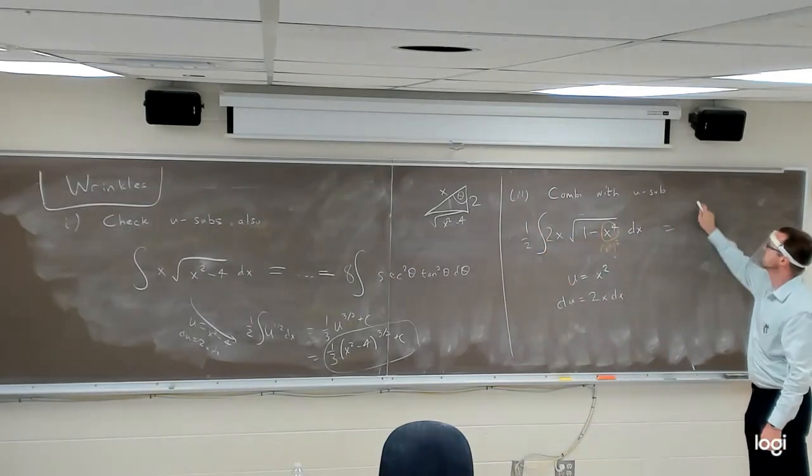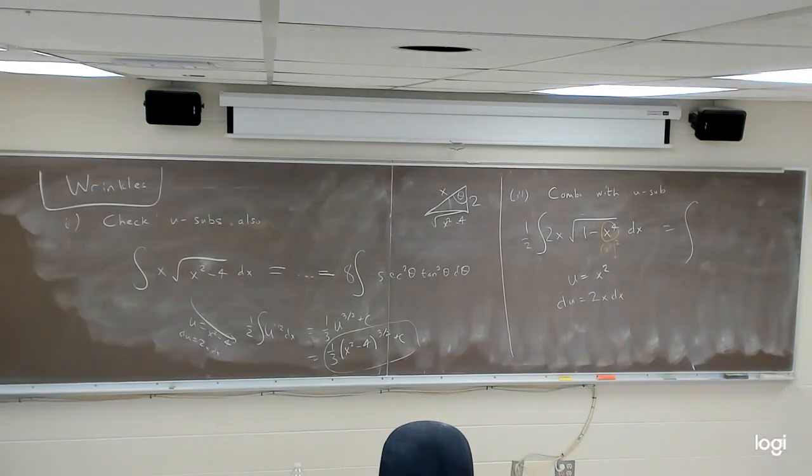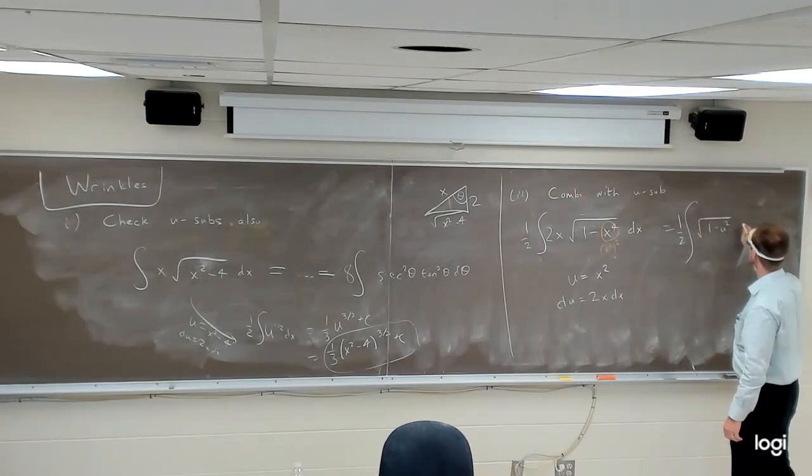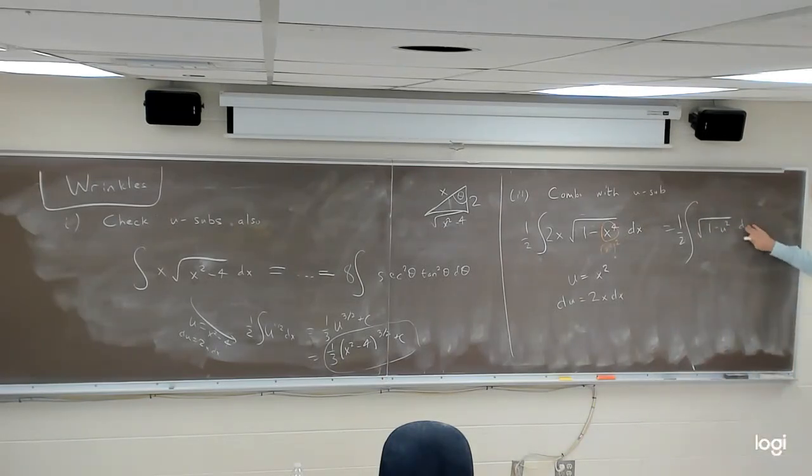So if I sub u for x squared, a square root with a 4th power in it becomes a square root with a u squared in it.